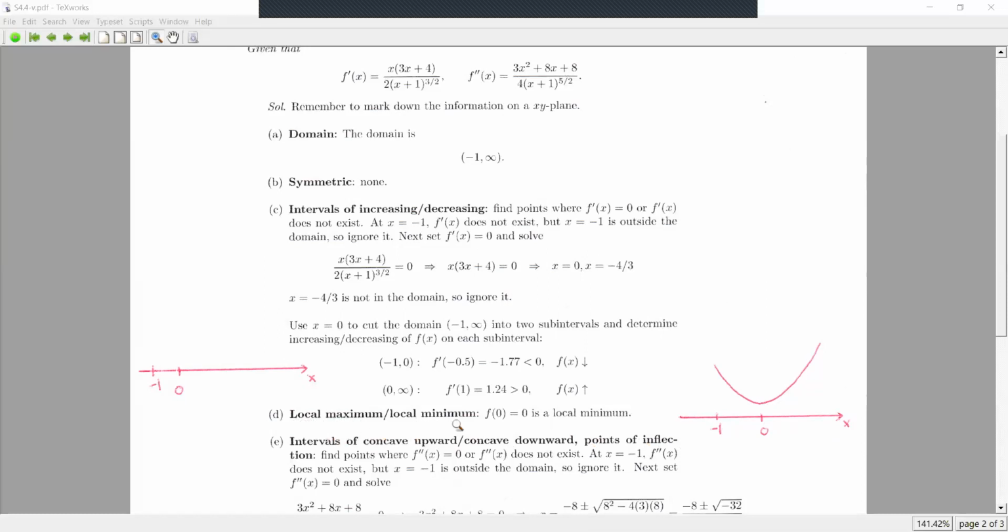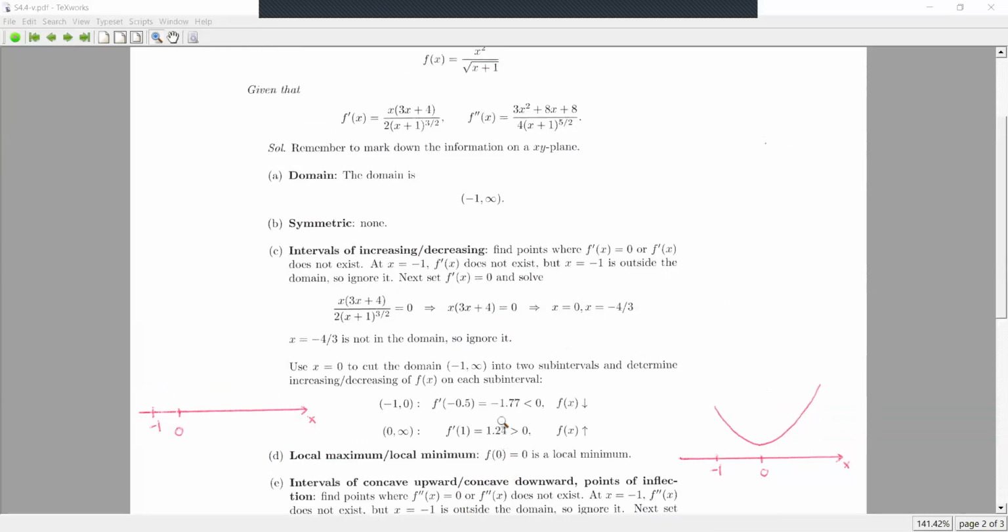Local maximum, local minimum. Okay. Now, from -1 to 0, the graph is decreasing. Then from 0 to infinity, increasing. So the function has a local minimum at 0.